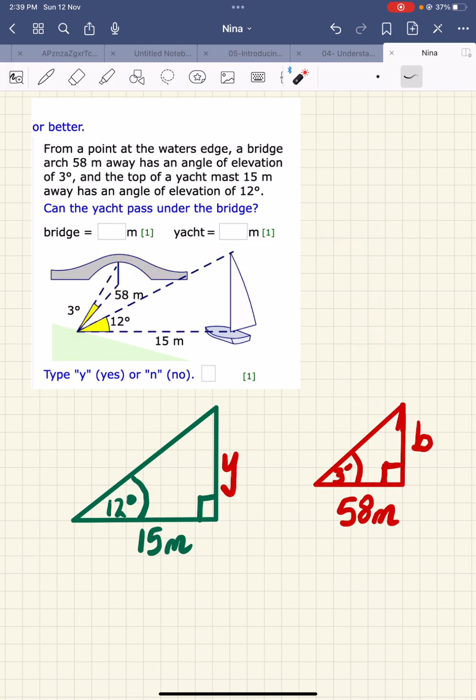So now you can see what we've got to do. As the boat gets closer and closer to the bridge, eventually we want to know, will the boat fit under the bridge? So we need to compare this Y, which is the height of the yacht, with this B. All right, so you go ahead and try and find Y and B and compare the two.